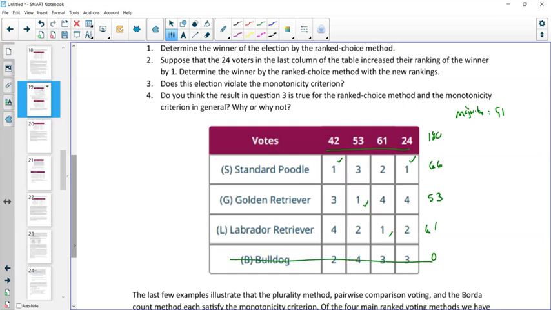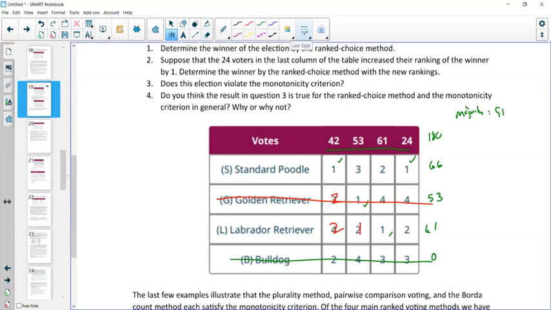That means that this, and let's change to a different color, this becomes 2, this becomes 3. And that's the only changes. So the reality is nothing changes. So now we knock out Golden Retriever. That makes this become 2.